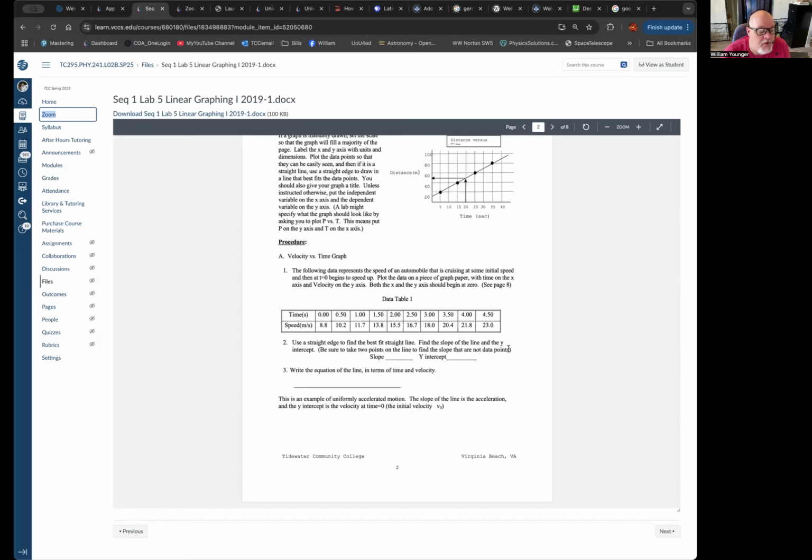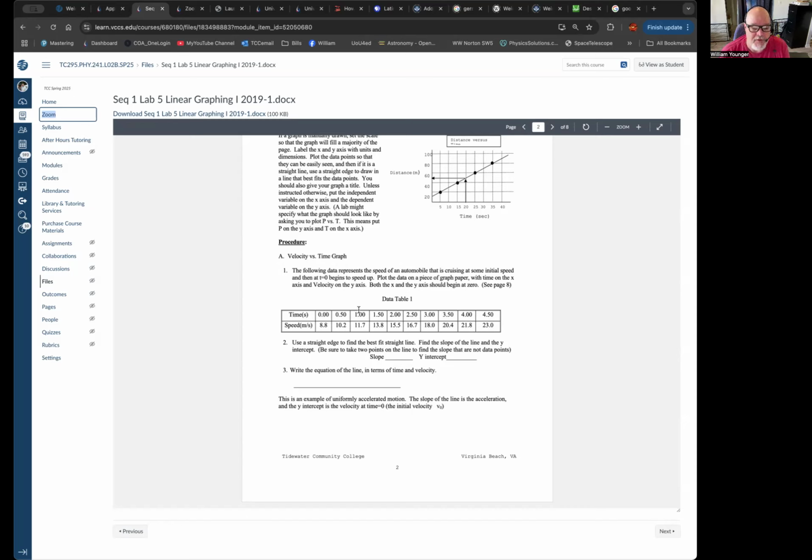Okay, so you're going to do that for part A, which is velocity versus time. This is a very good candidate because there's a good number of data points and a good range. If you notice the range of values for time, and I said range there, which normally means y-axis, so we could pretend we're putting time on the y-axis, the smallest value is 0 and the largest value is 4.5, so 4.50 minus 0 is 4.50.